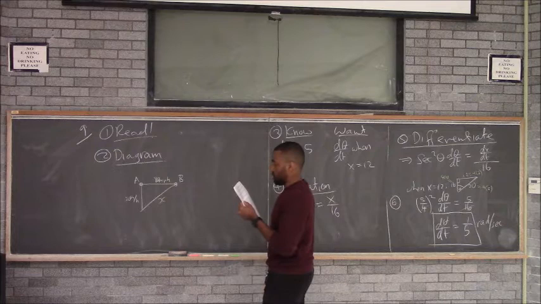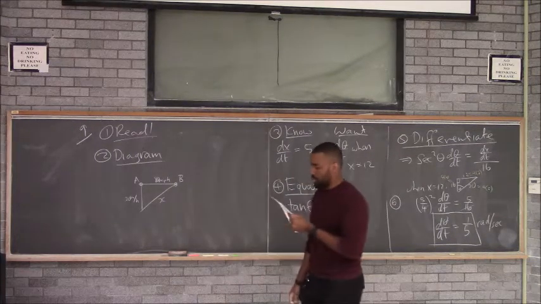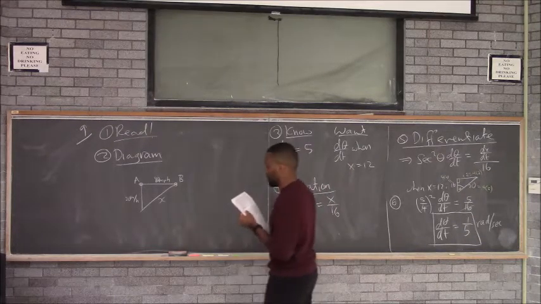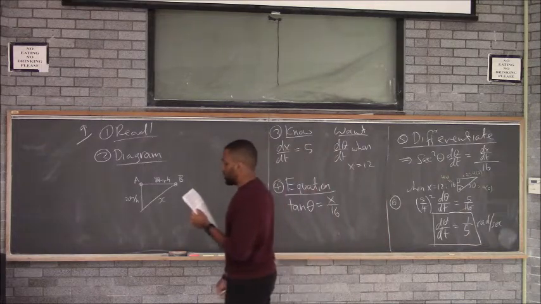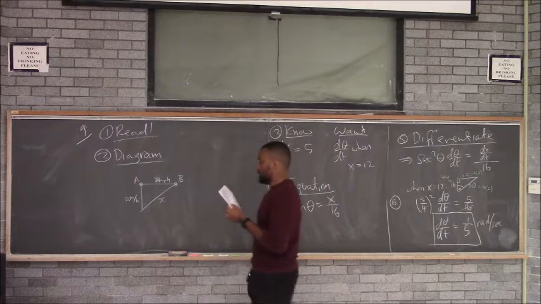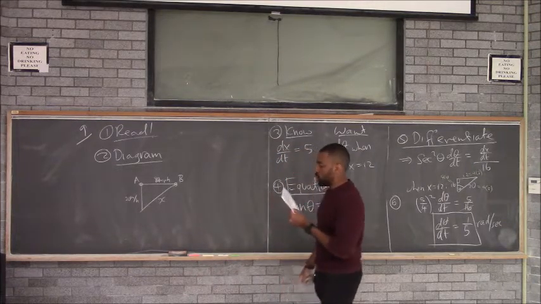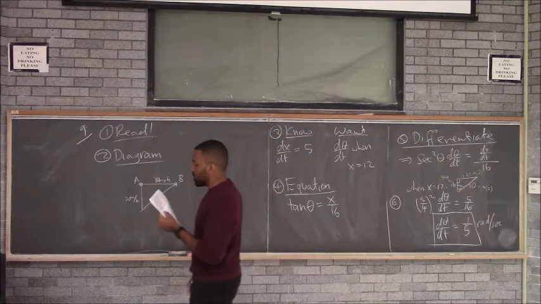Okay, so let's just read the question for the record. At noon, ship A is 80 miles west of ship B. At this time, both ships set sail. Ship A is sailing south at 20 miles per hour, while ship B is sailing north.